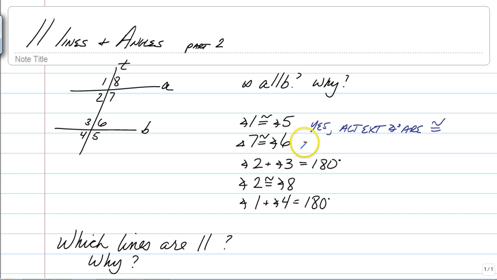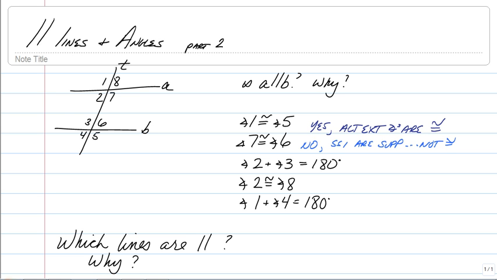So we would just say no, and then we would say same side interior are supplementary, not congruent. The only time that can happen is if those angles are 90 degrees, but it said nothing about 90 degrees. All right, so that's what we're looking for.